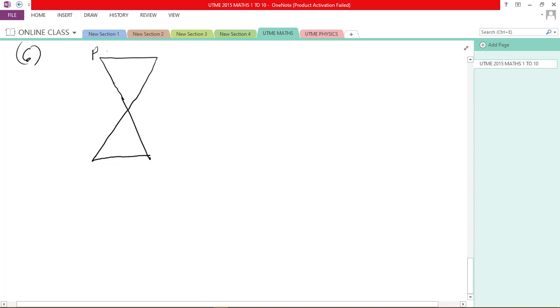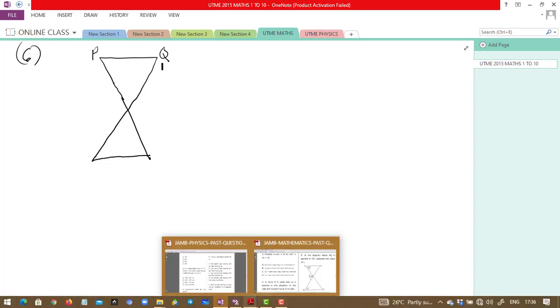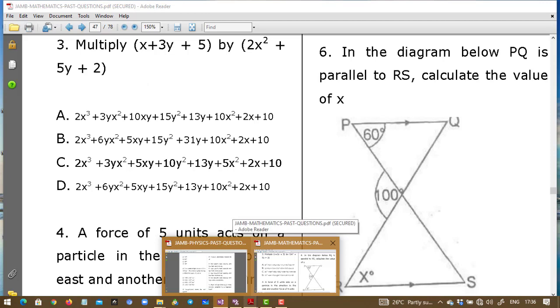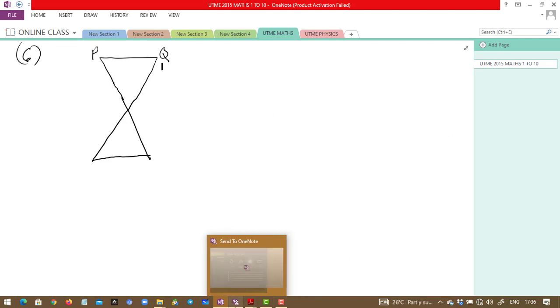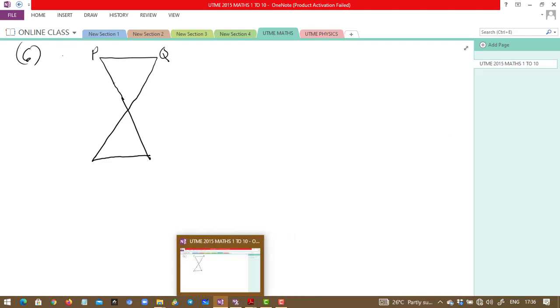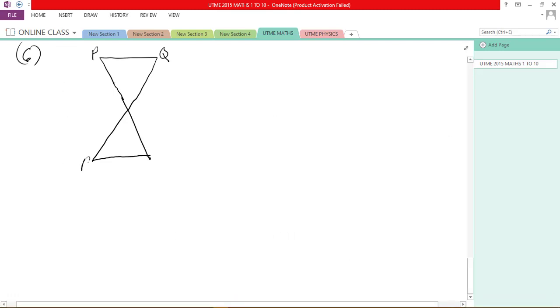Okay, here is PQ. Then let's see RS, RS down. X degrees is there. Then 100 degrees is also there. Here is X degrees. Here is 100 degrees. They said here is parallel to here.